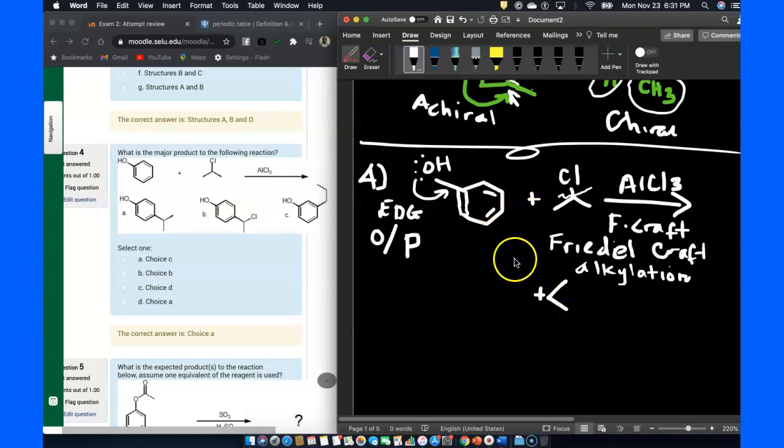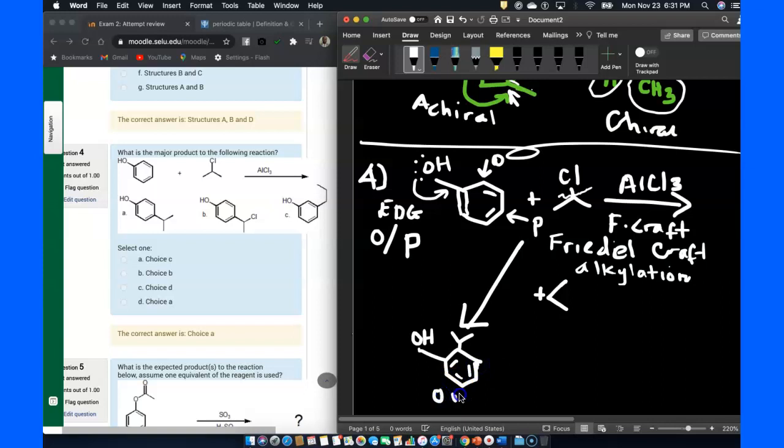So I would expect from this reaction 2 products. This carbocation will go to the ortho position to the OH, which is next door, or directly opposite, which is para. So we have 2 possible products. And so one of the products will have the alkyl group right there. That's the ortho product.